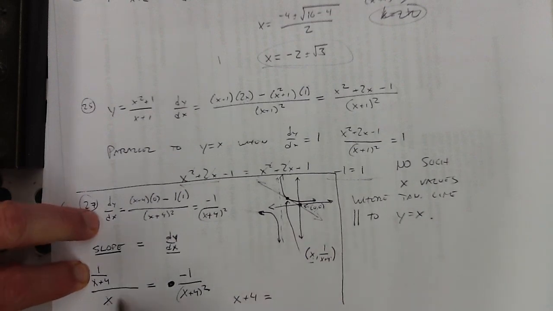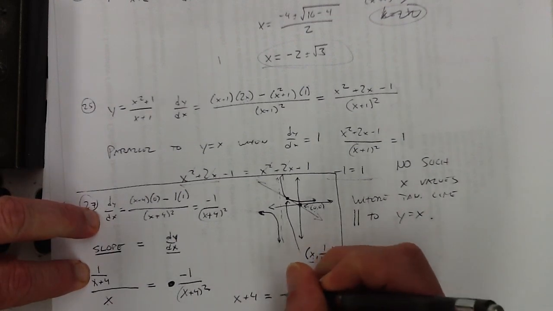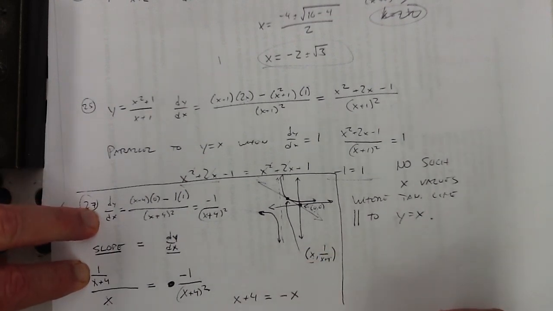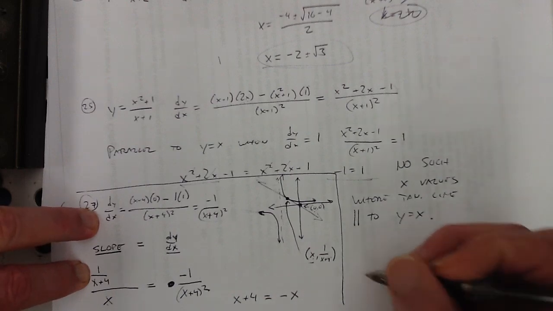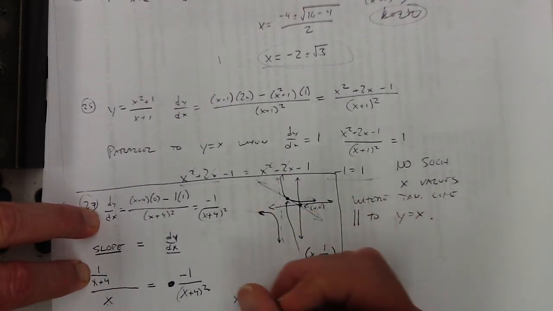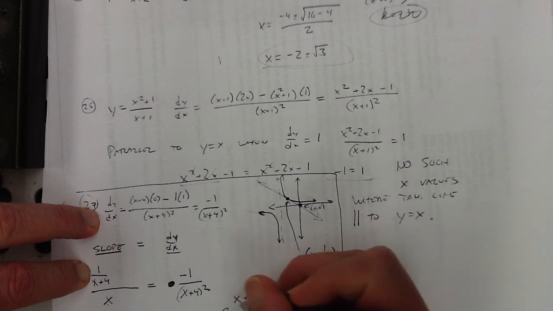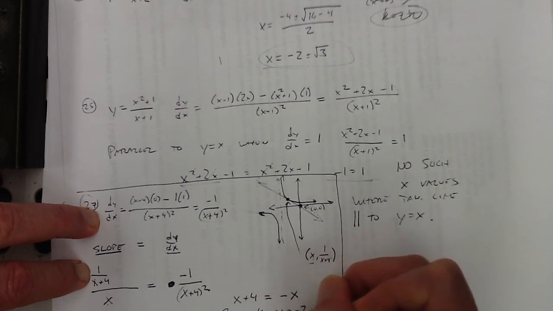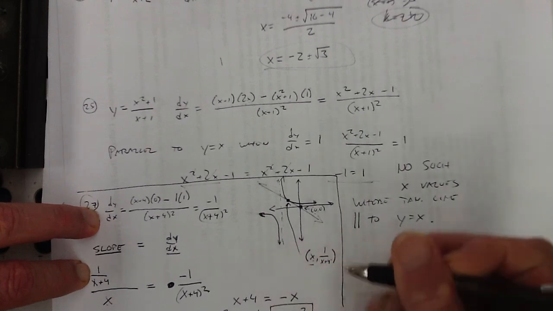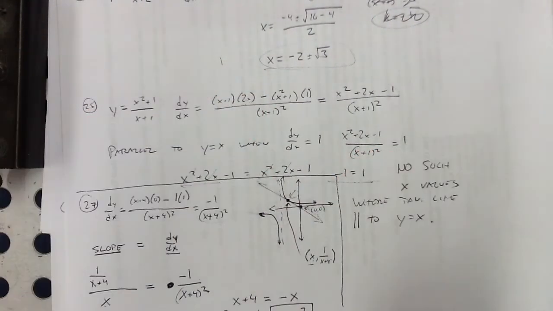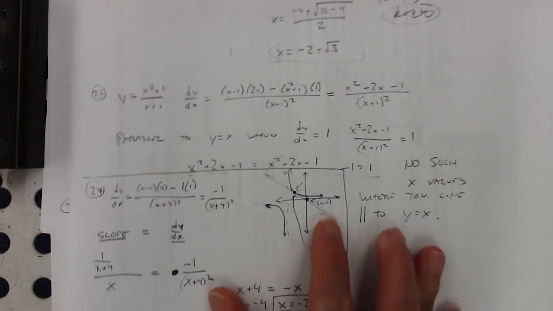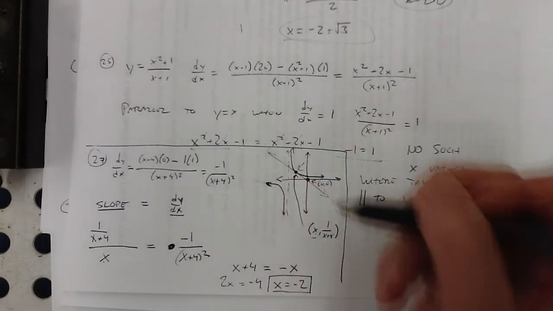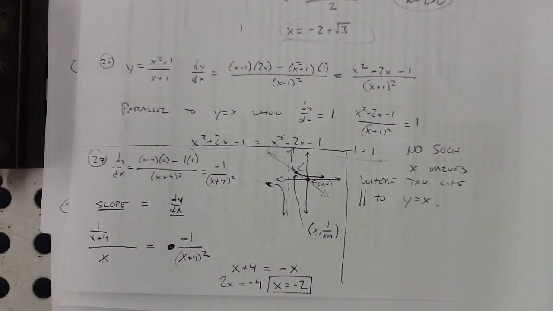And then here, minus x. So it looks like we get 2x equals negative 4, x equals negative 2. And that looks about right for what our picture was. It looks like it was somewhere in negative territory there.